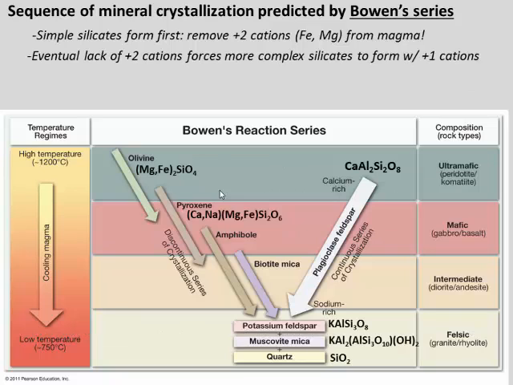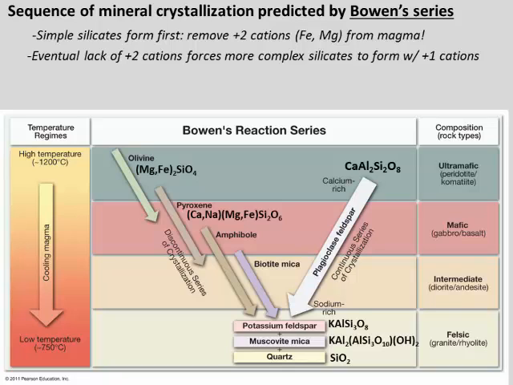We start to force the sharing of more oxygens. We start to build more complex silicate structures. And a lot of these are going to incorporate the +1 cations, like potassium or like sodium-rich feldspar. And of course, when we crystallize out these minerals, because they're sharing oxygens, they have more silica, a higher percent silica, which makes them felsic.